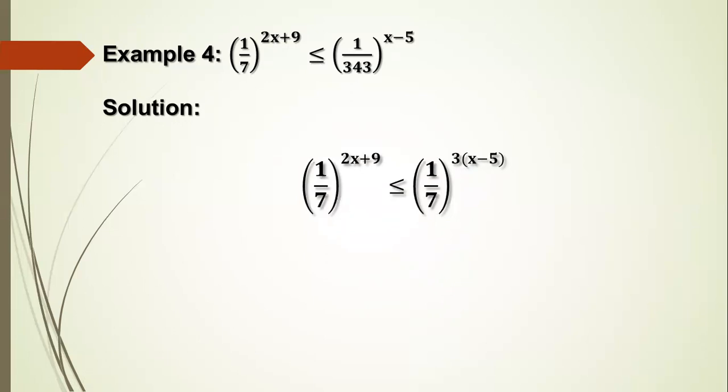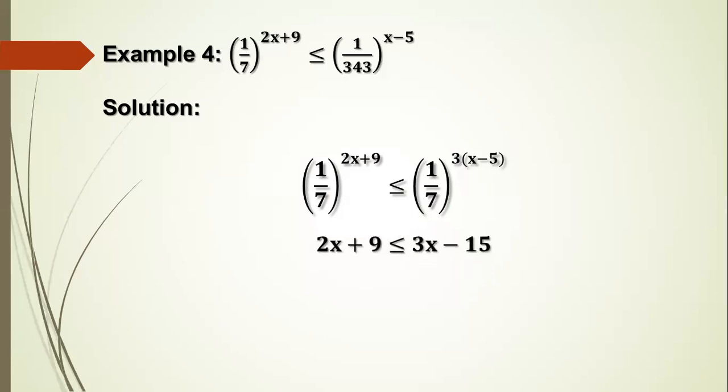Both sides need to be expressed in the same base. So 1 over 343 can be expressed as 1 over 7 raised to 3. The left side we just retain. So we have 1 over 7 raised to 2x plus 9 is less than or equal to 1 over 7 raised to 3 times x minus 5.